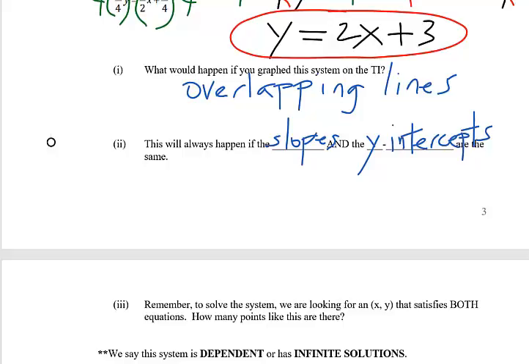We know that we're going to have essentially just two copies of exactly the same line. The first line would be there, the second line would be right on top of it. How many xy points are on both of these lines? Well, the answer is infinite. There's tons of xy points on both lines because the lines are lying right on top of each other.